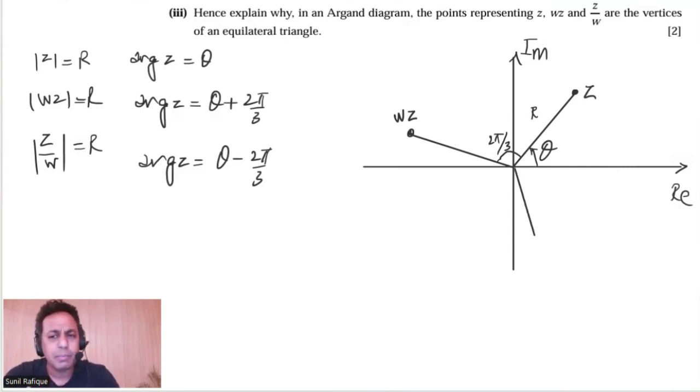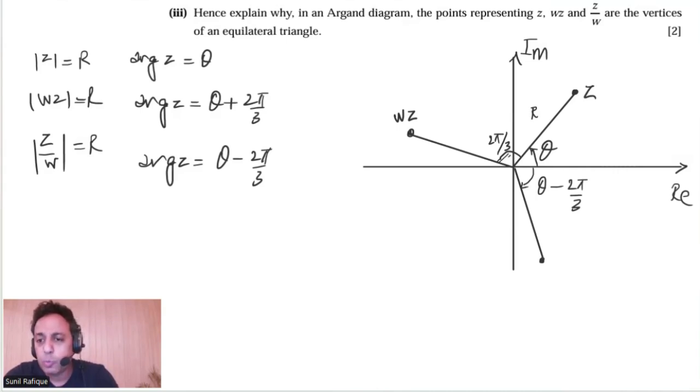So you get my point, students. I'm thinking about it like taking some specific value and sketching it that way. So this angle over here is going to be theta minus 2 pi by 3. But remember, guys, this is a negative angle since it's a clockwise one, right?